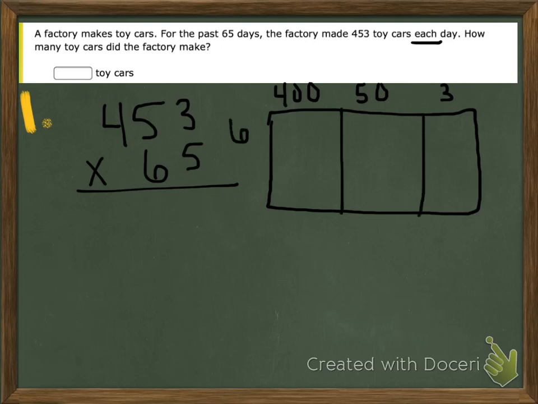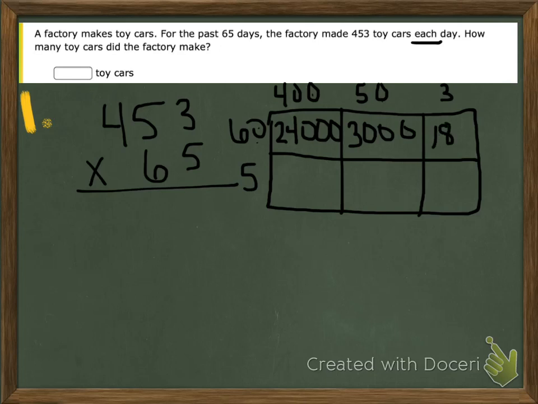Here is 65. 6 times 4 is 24, and I put my 3 zeros on it. 50 times 60: 5 times 6 is 30, add my 2 zeros. 6 times 3 is 18, add my 1 zero. That's my first line.